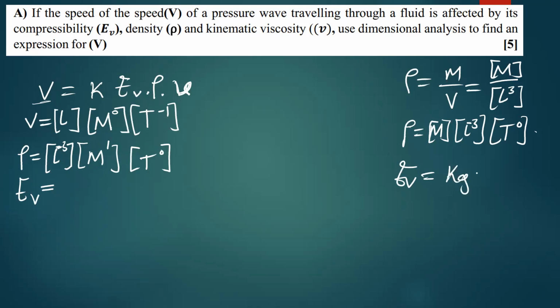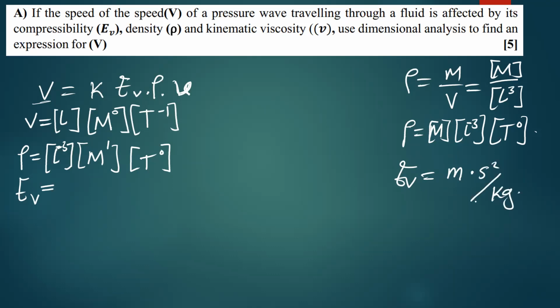I'm trying to remember the units for compressibility. The units are meters, and then you have meter second squared per kg.